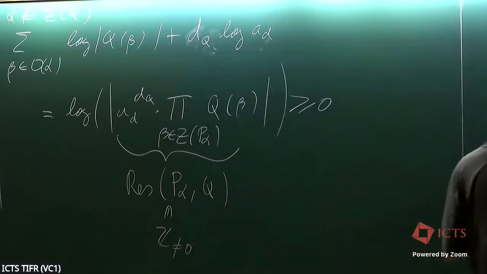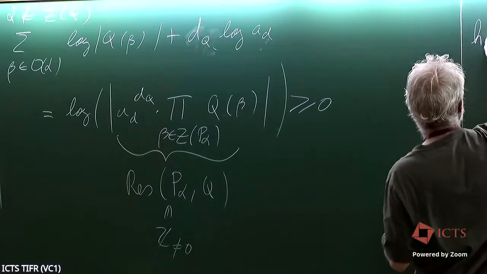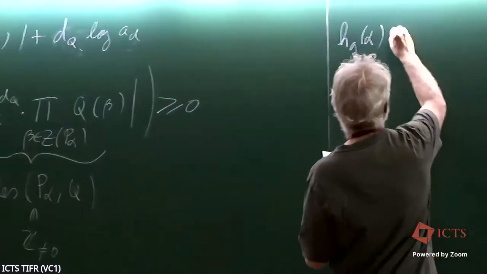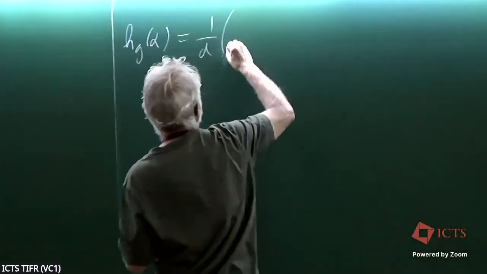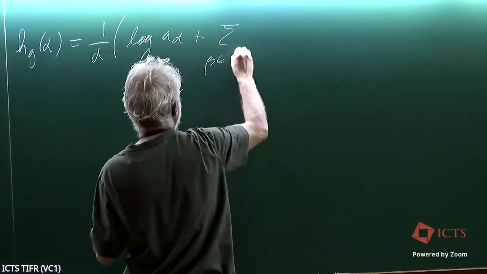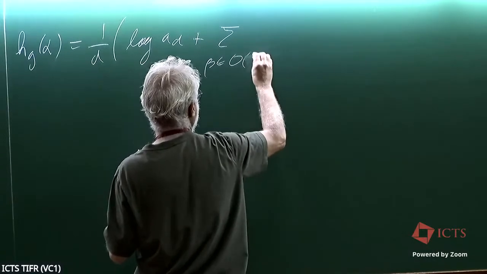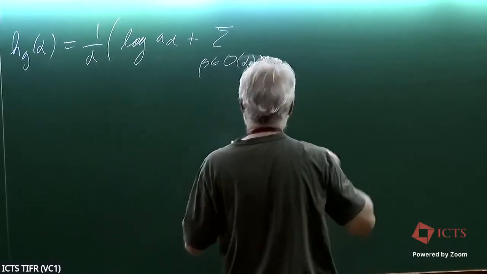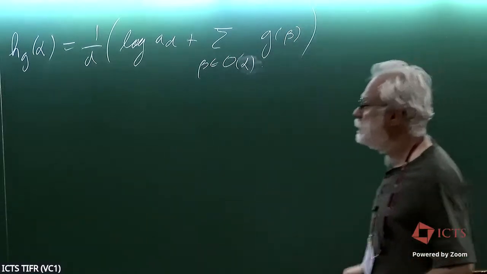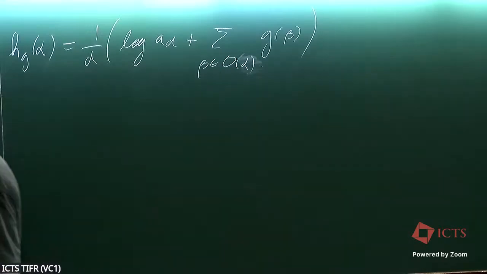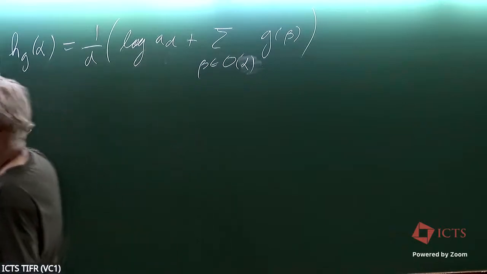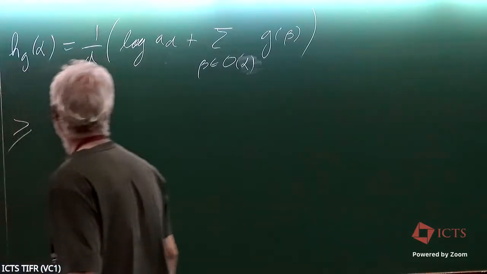Now let's compute the height of alpha. Hg of alpha is equal to 1 over d, log of AD plus the sum for beta inside O of P alpha, of alpha, of G of beta. Now, since this quantity is positive, and I start with this quantity, then this will be bigger or equal than the same quantity minus this one. I can subtract a positive thing to get something smaller.